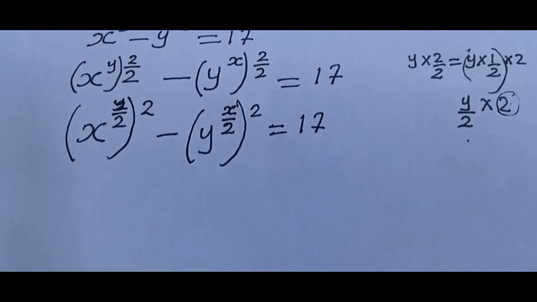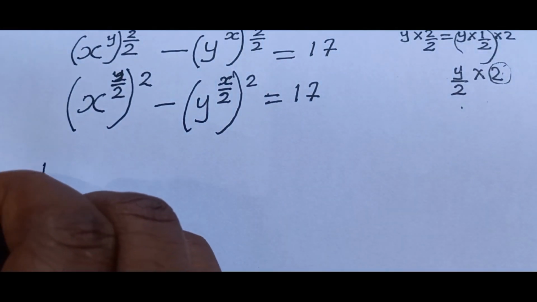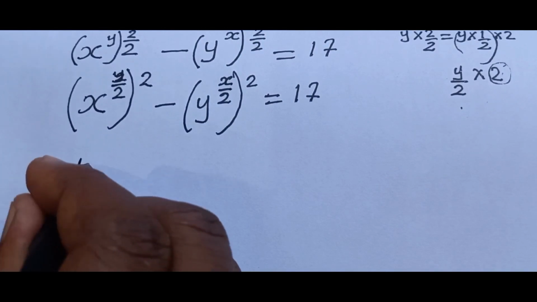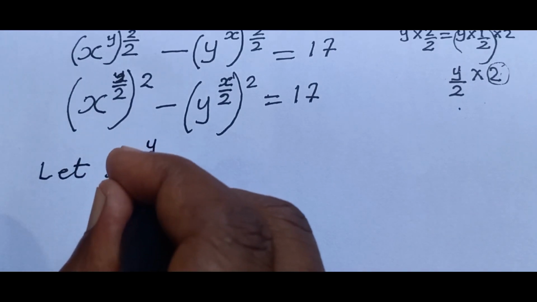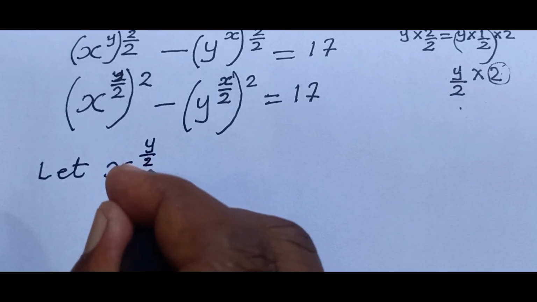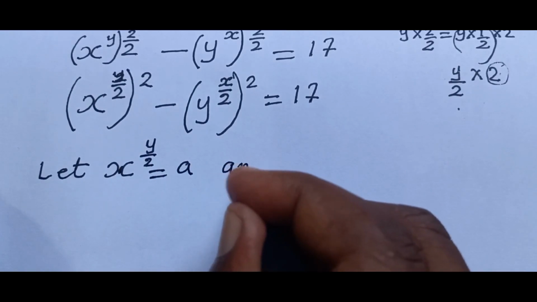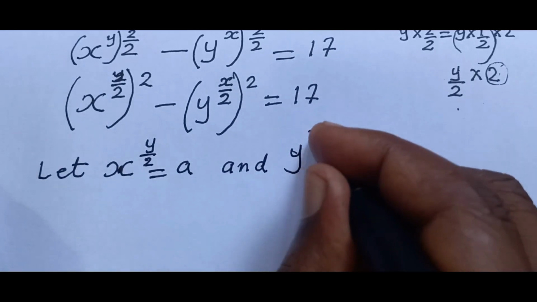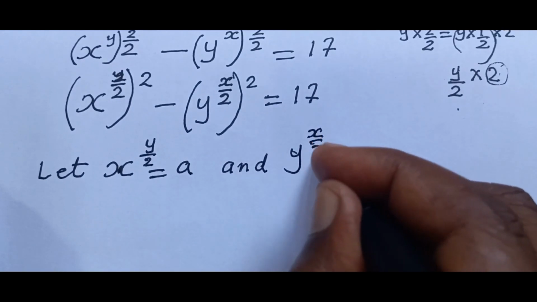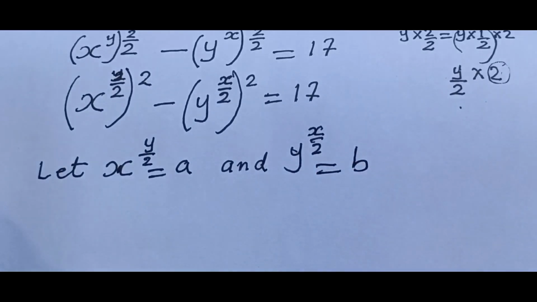Okay, from this we can proceed as follows. Let x raised to power y over 2 equals to a, and y raised to x over 2 equals to b.